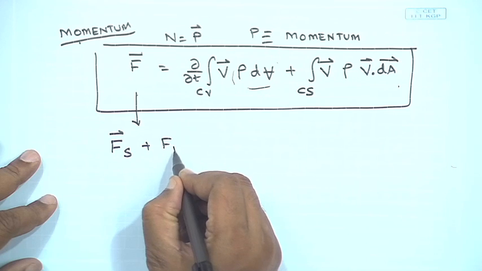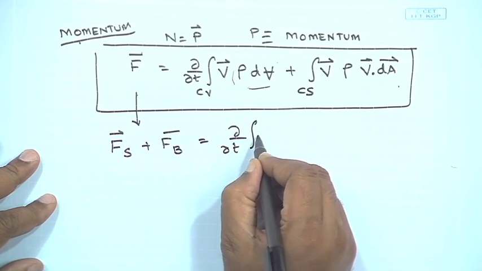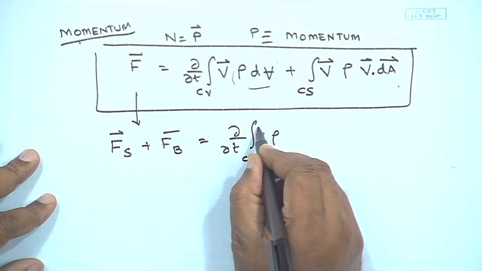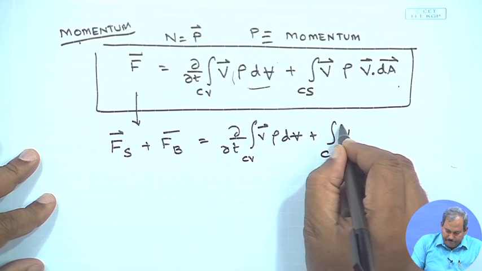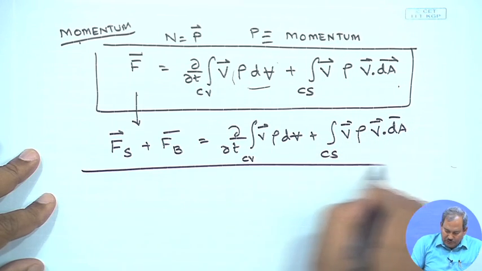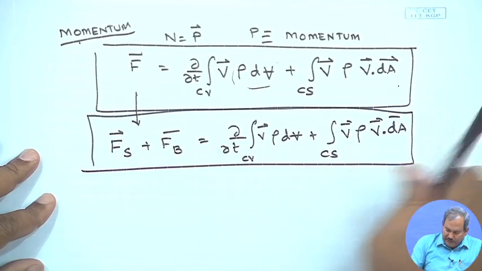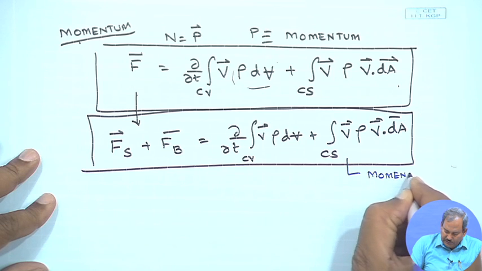So, the total force on the left hand side of the equation that I have just written can be written as the sum of the surface force and the body force. So, the form that I would finally use for this is this, the final form of the momentum equation that we would use in all our subsequent analysis.